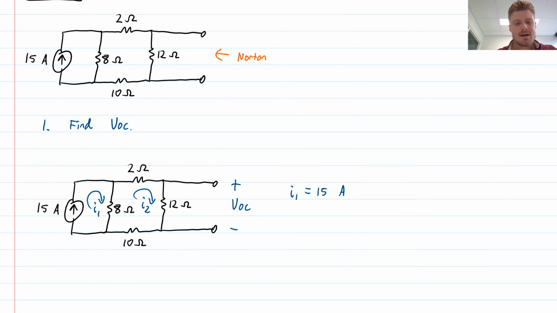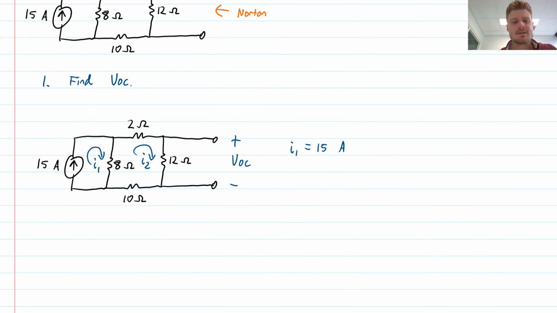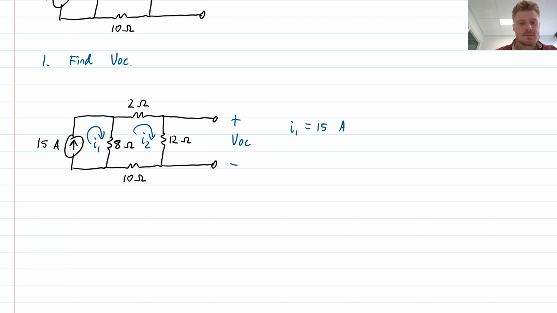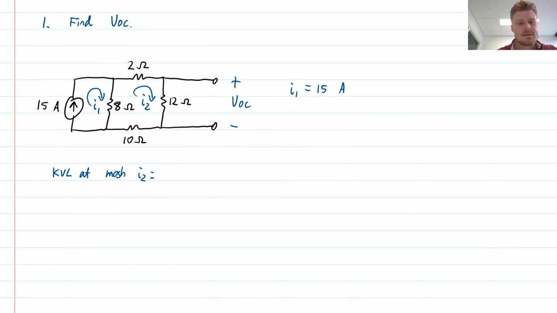And then I can write my equations around mesh 2, so I can do KVL at the mesh labeled as I2, and here's what I'll get.